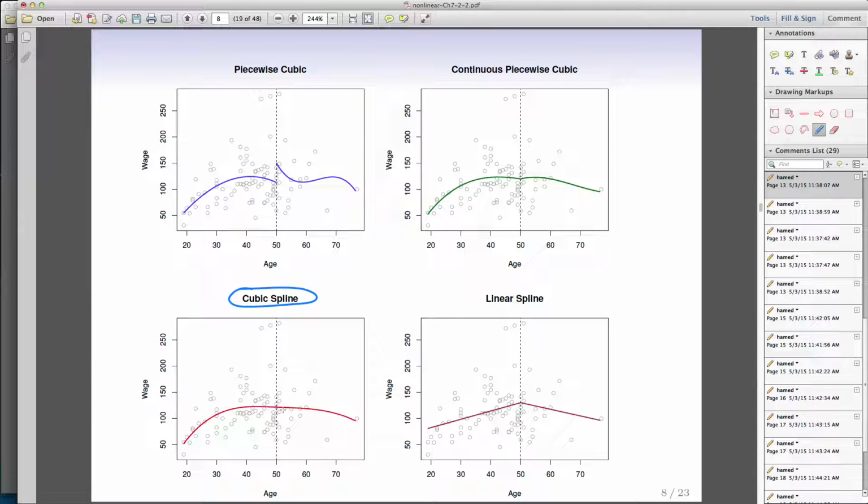It's not only continuous, but it looks smooth. As we will learn later, whenever your eyes cannot tell the difference between the two functions before and after a knot, that means these two functions are not only continuous, but also continuous in their first derivative and their second order derivative.